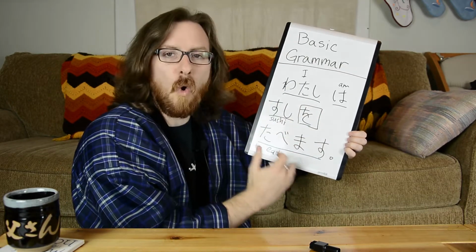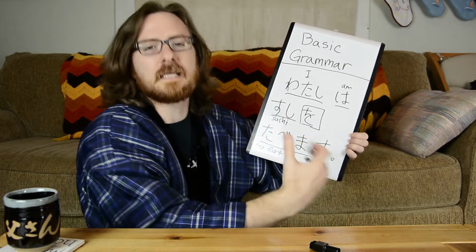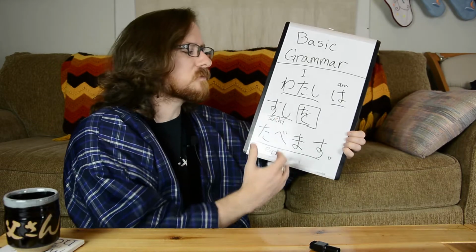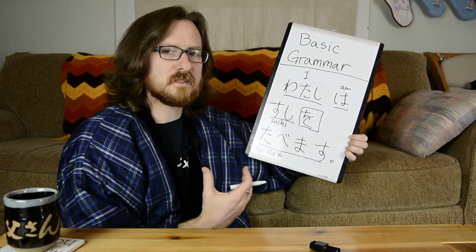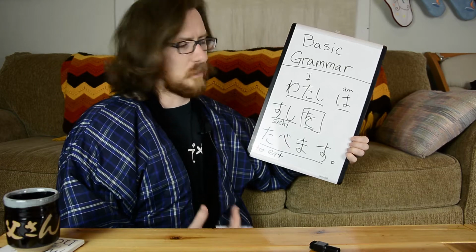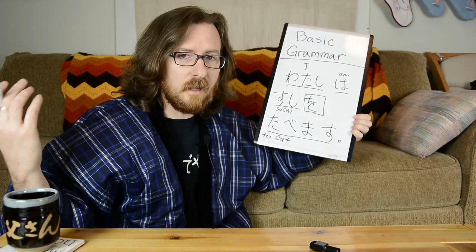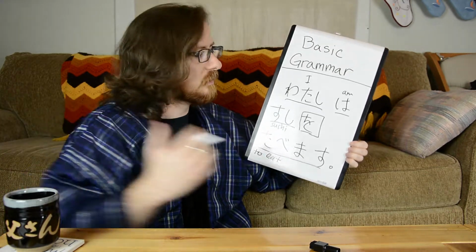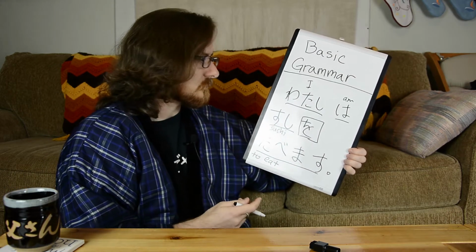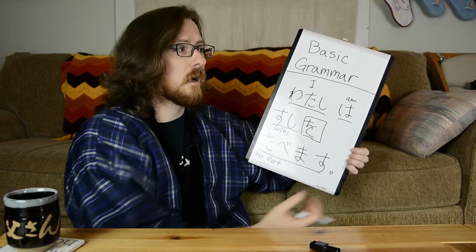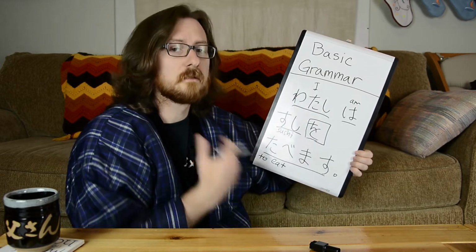Watashi wa sushi o tabemasu. Like, I will eat sushi. So it can be used as kind of like a general declarative statement about yourself. Like, I eat sushi. Like, when? Under what circumstances do you eat sushi? You get it from the context. So somebody asks me, what do you want for dinner? Watashi wa sushi o tabemasu.